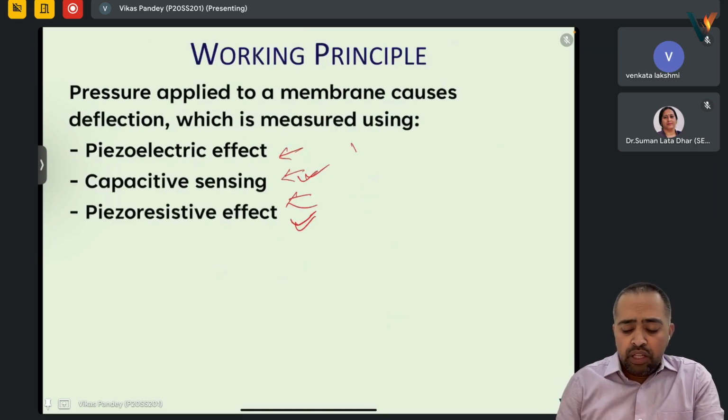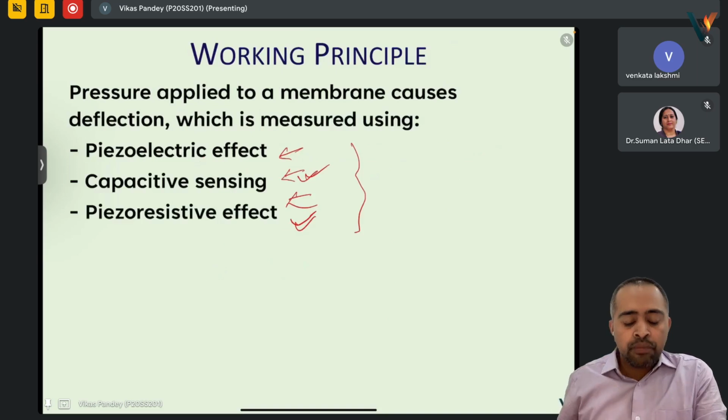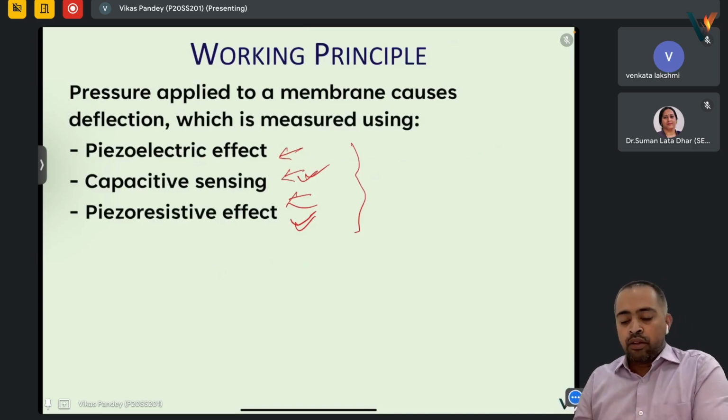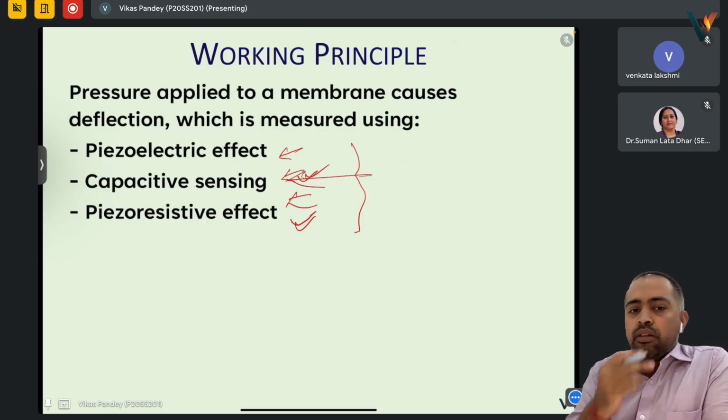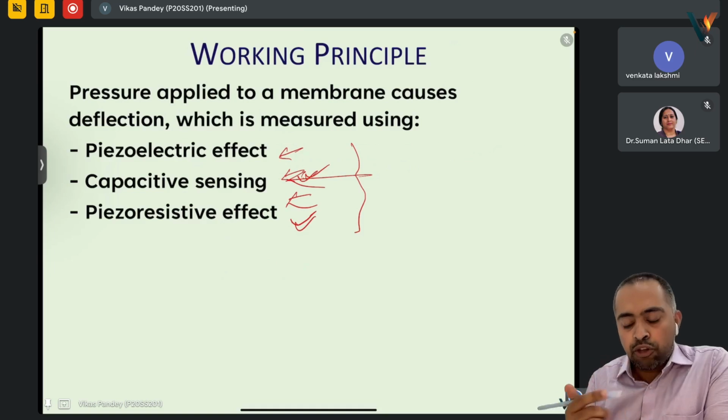So if we see these three types, how do they work? Piezoelectric, that means, let's first talk about capacitive. We have been discussing capacitive sensor in the second week also.